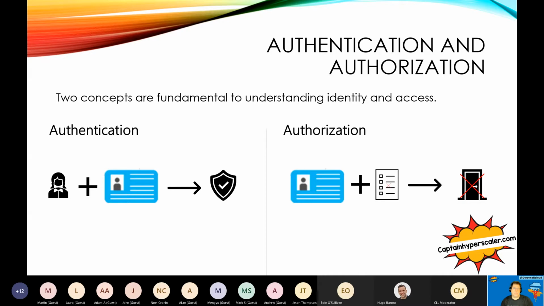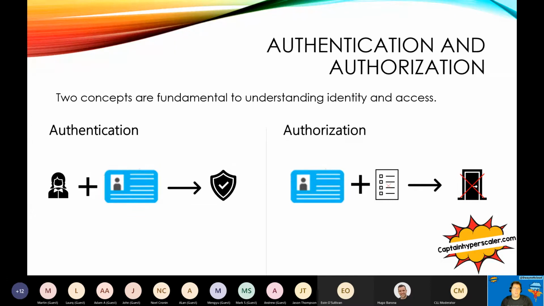So what resources are you allowed to access once you have authenticated? You've identified who you are, then are you a user, are you an administrator, and what do you have access to? That's what you're authorized to do.